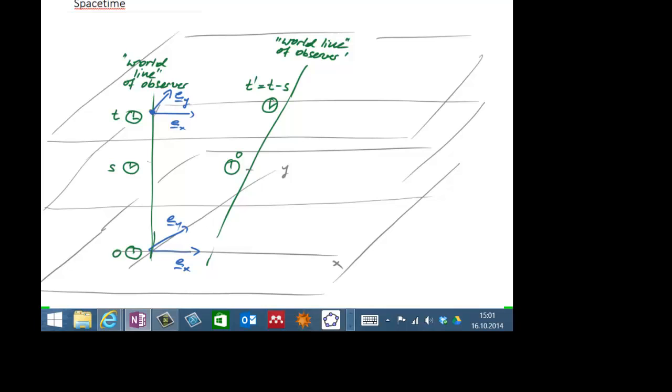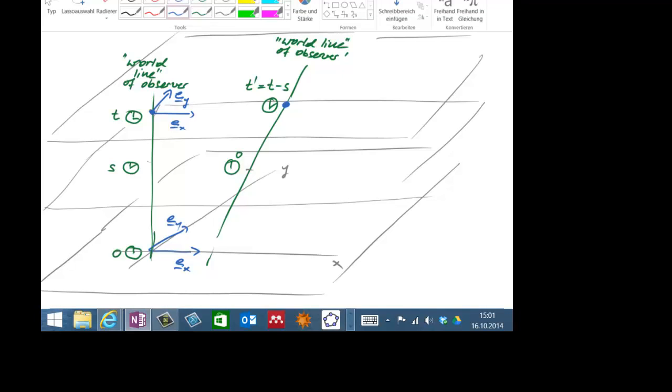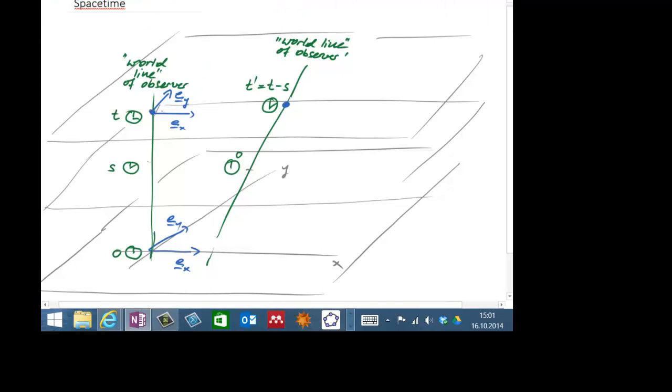So my colleague will have the origin of his or her coordinate system here. And we said that they differ by this distance vector d of t.